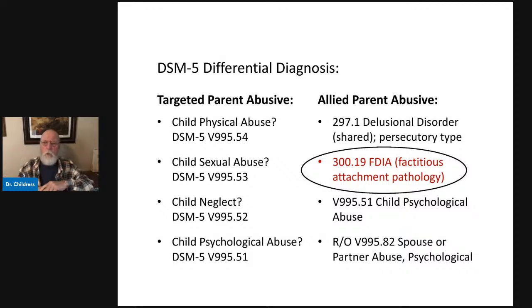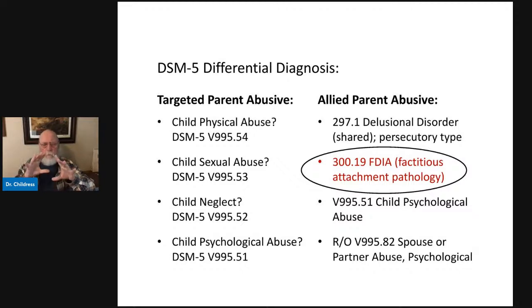They're creating a shared persecutory delusion. And either one of those or both of those diagnoses, a shared delusion or factitious disorder, is a child psychological abuse diagnosis. And there's considerations in the overall diagnostic picture here of possible spousal psychological abuse of the targeted parent by the allied parent using the child as the weapon.